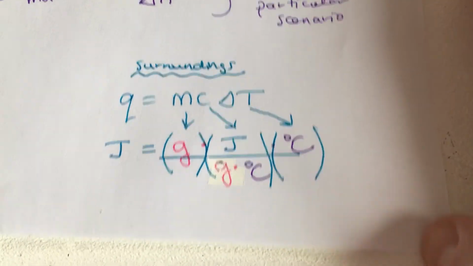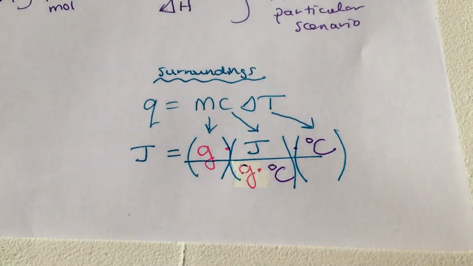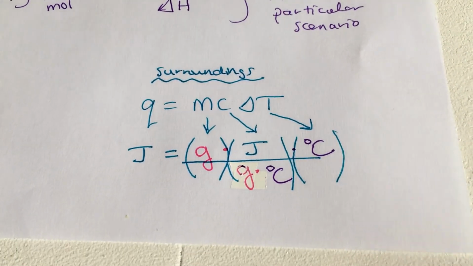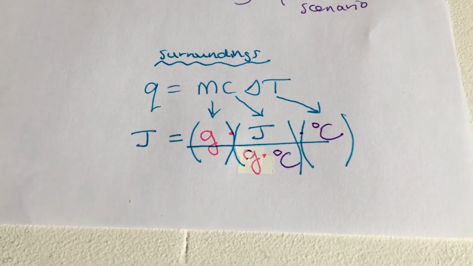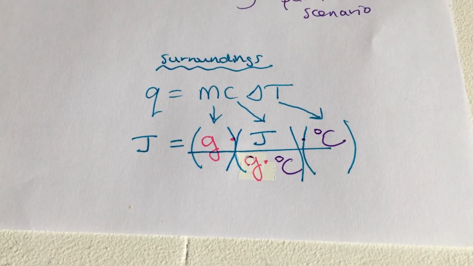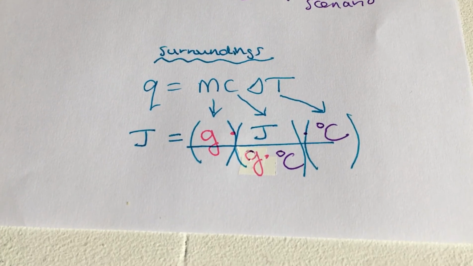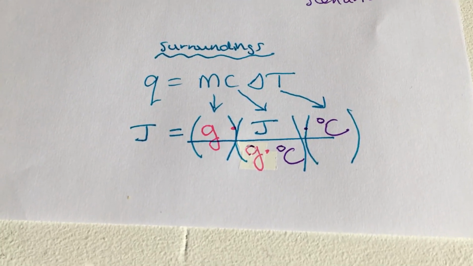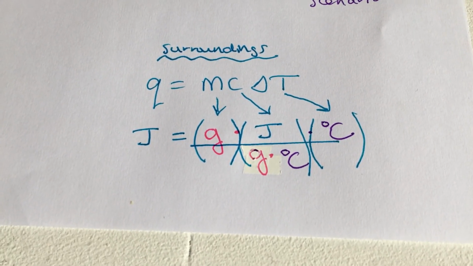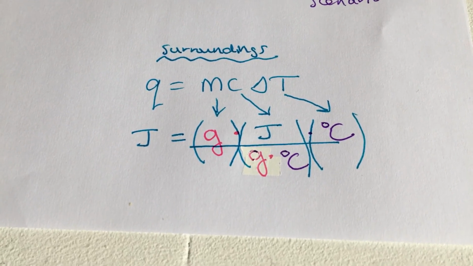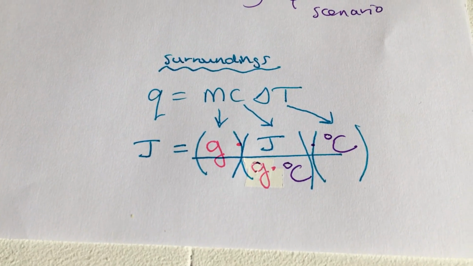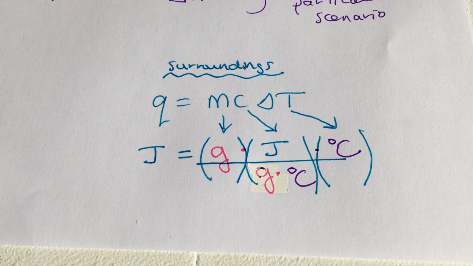If T2 minus T1 is a negative value, or if T2 minus T1 is a positive value. All of your units have to agree with each other. Mass is in grams. Specific heat capacity is joules for every gram of the substance raised 1 degree Celsius. Delta T, your T2 minus T1, is also degrees Celsius.